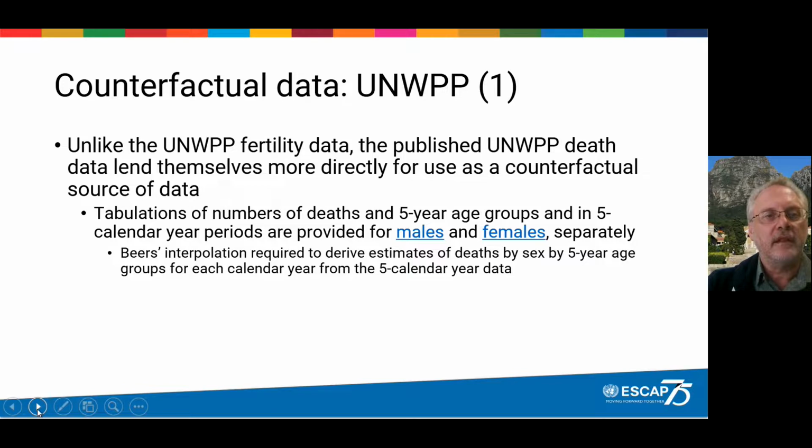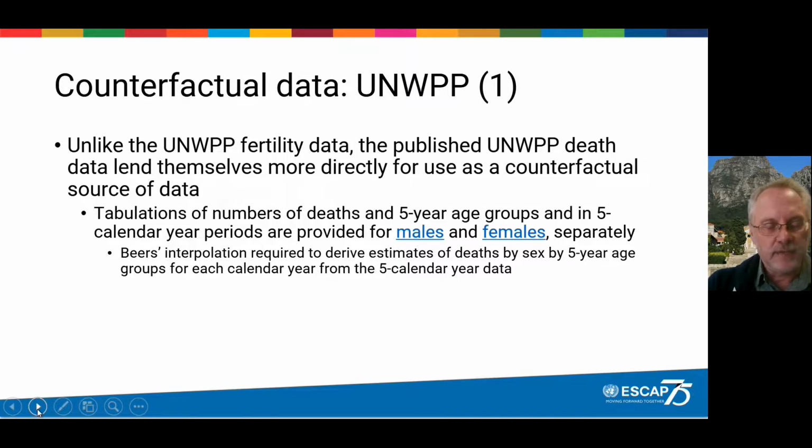However, unlike the UNWPP data, which we use to derive the estimates and the age profile of mothers giving birth, the published UNWPP death data lend themselves far more directly for use as a counterfactual source of data. We'll be drawing on tabulations of the number of deaths by 5-year age groups and in 5-year calendar periods, which are provided for males and females separately by the UNWPP.